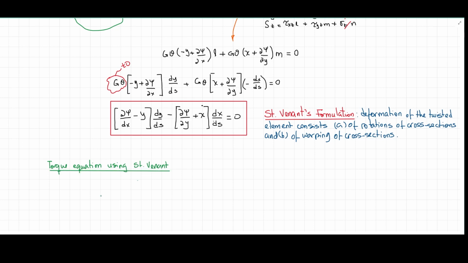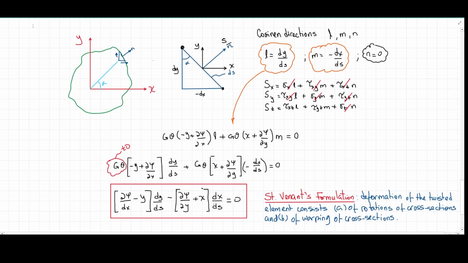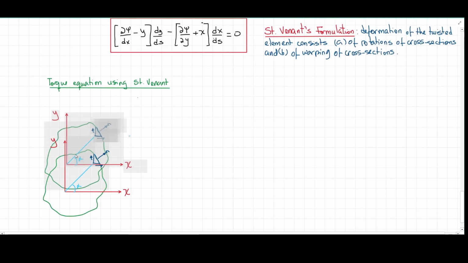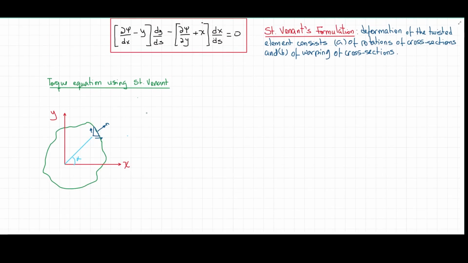Great. Then I'm going to draw again, I should bring this one. I already have drawn it. Bring it back here. But instead of this, I'm going to draw just a representative element in the middle of this body.